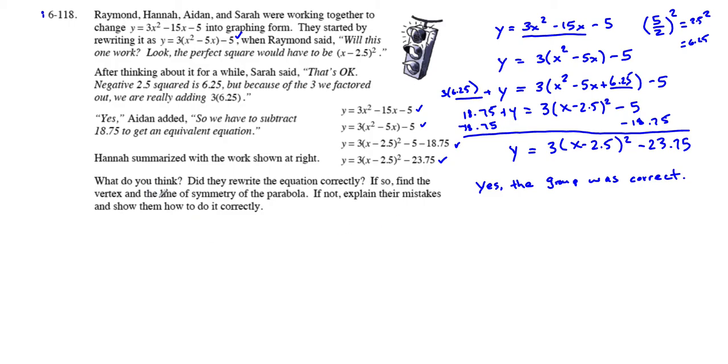If so, find the vertex and the line of symmetry of the parabola. The vertex is going to be our point (h, k), so our vertex should be (2.5, negative 23.75).